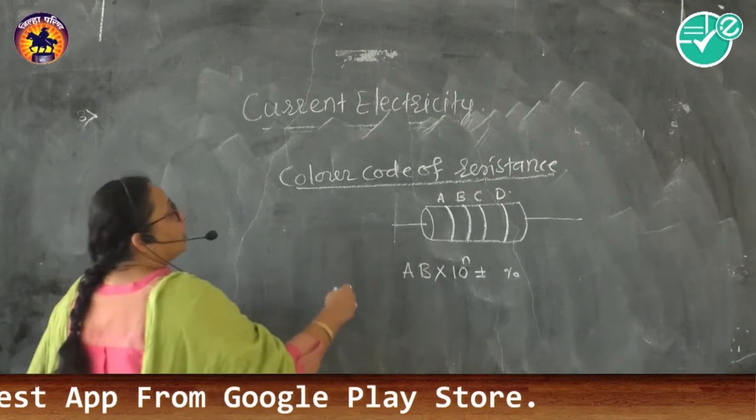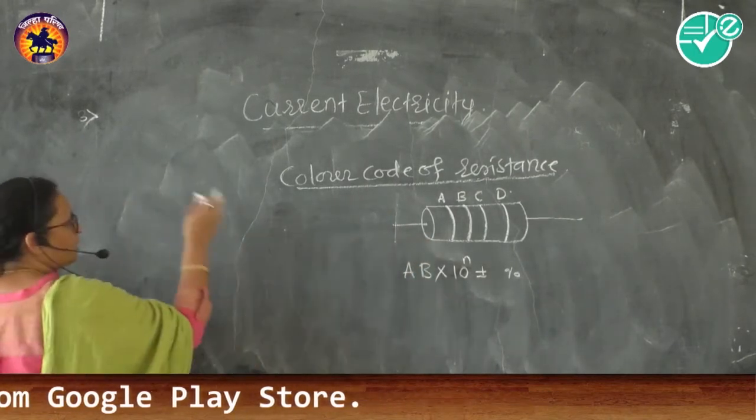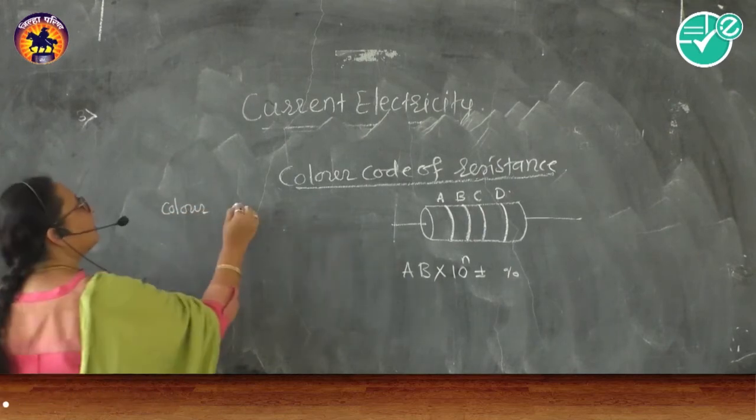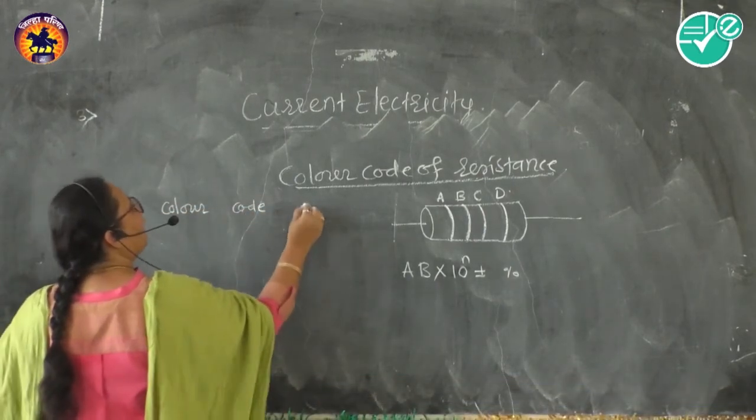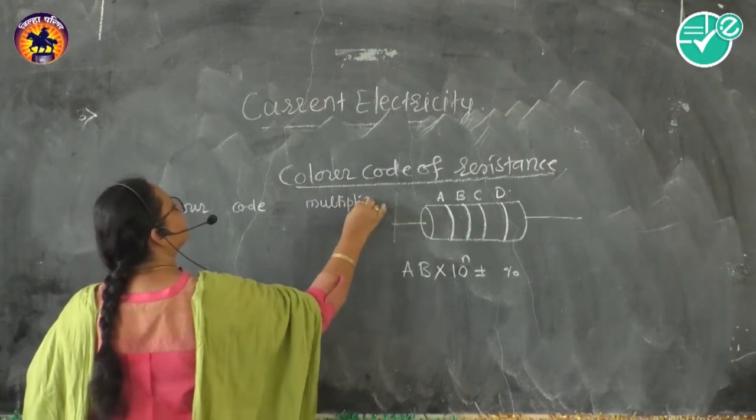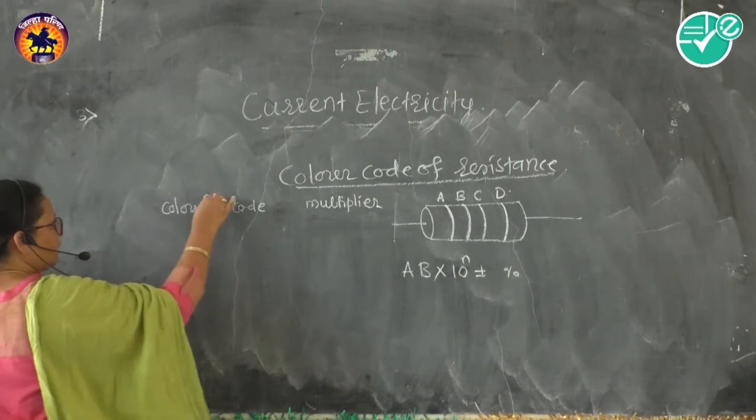So in this way we can determine the resistance of this resistor, and for that we have to use a chart in which the color, its code and its decimal multiplier are mentioned.